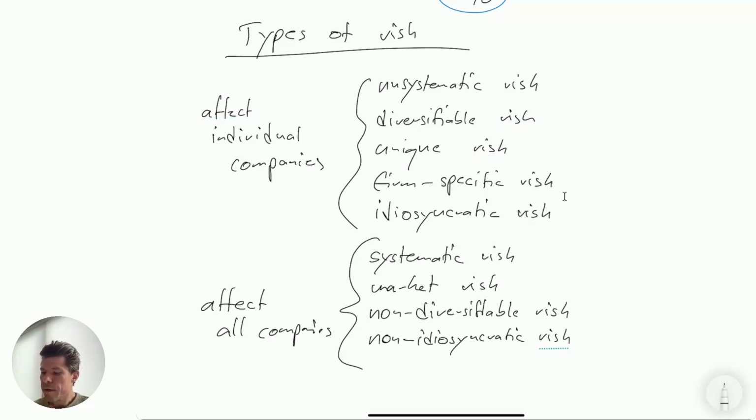Risks affecting individual companies include a change of CEO, product issues, building a new production line, expanding into another country, or investing in a new IT system.